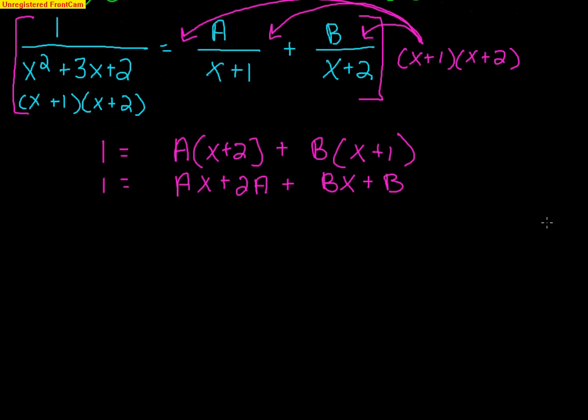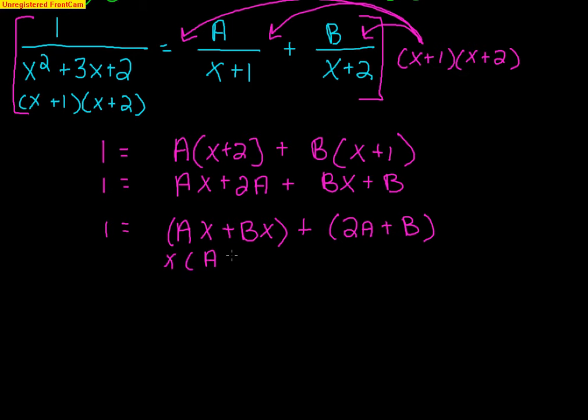Now we need to group like terms before we set up linear equations to solve for a and b, and we get ax plus bx plus 2a plus b. And now we can take out an x, and it'll equal a plus b times x plus 2a plus b.